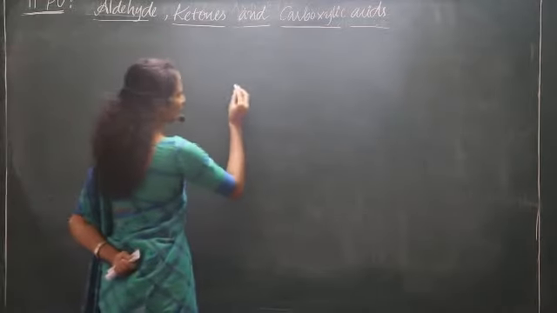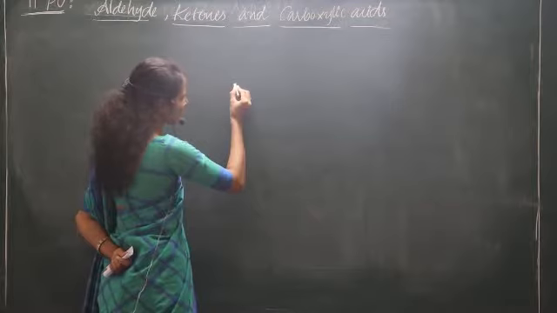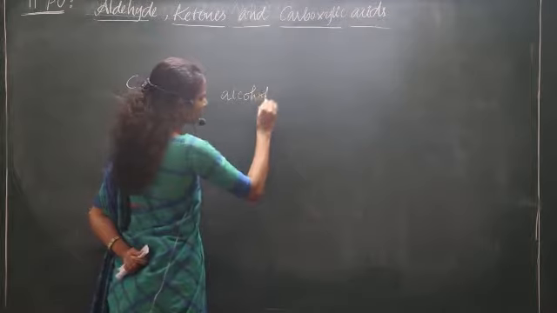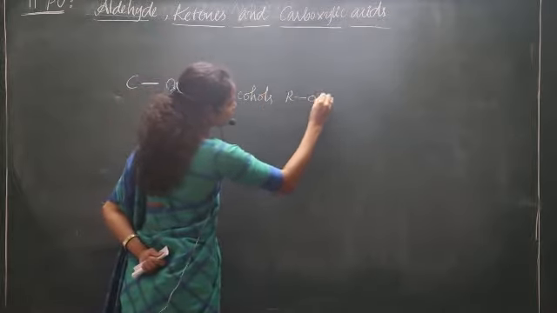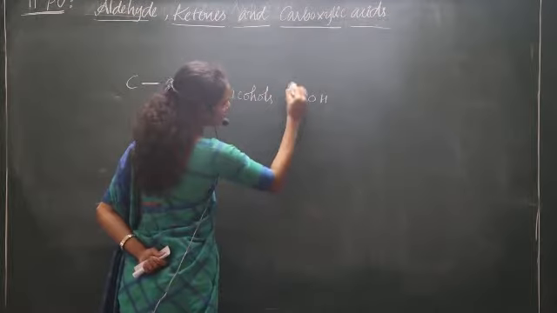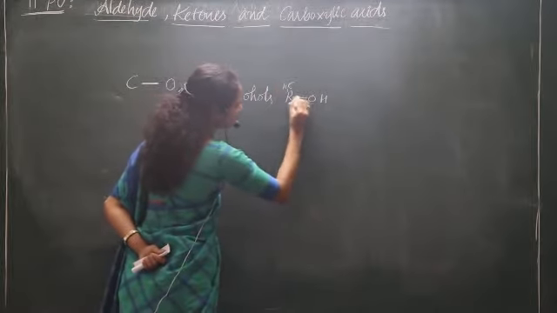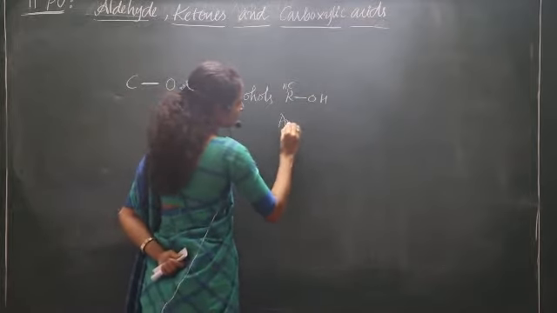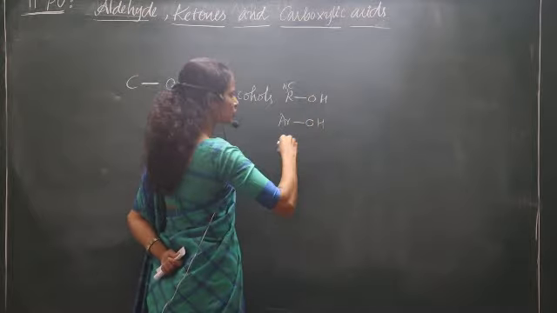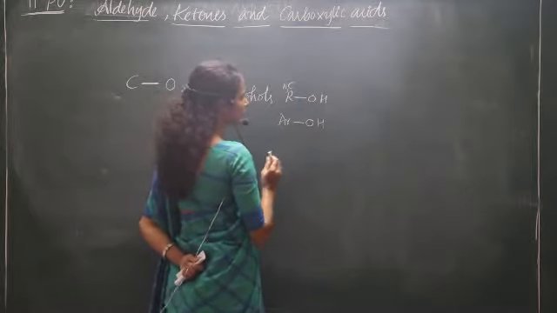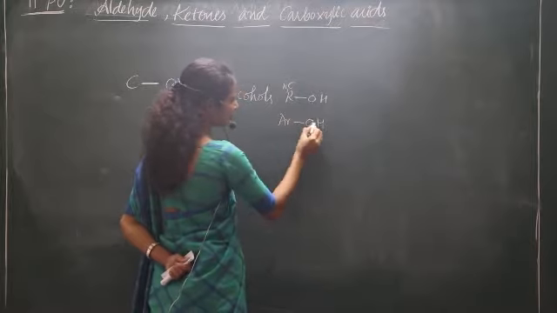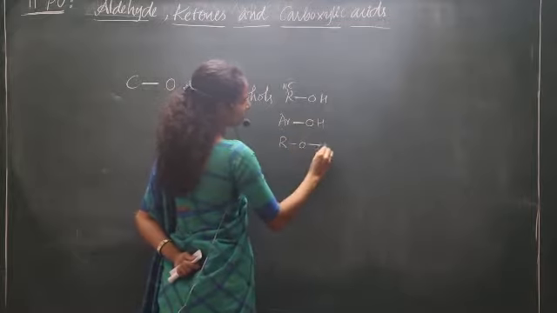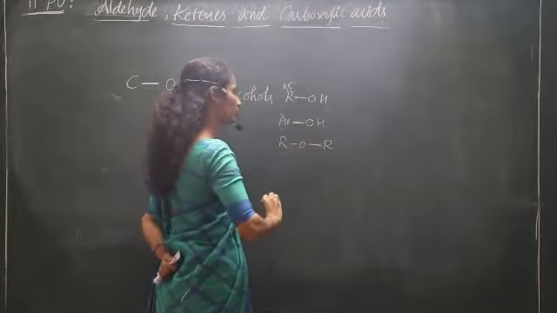In the previous class, we discussed alcohols, which are R-OH, carbon alkyl group with a carbon oxygen single bond, and phenols, an aryl group and OH, and also ethers, ROR, with carbon oxygen single bonds.